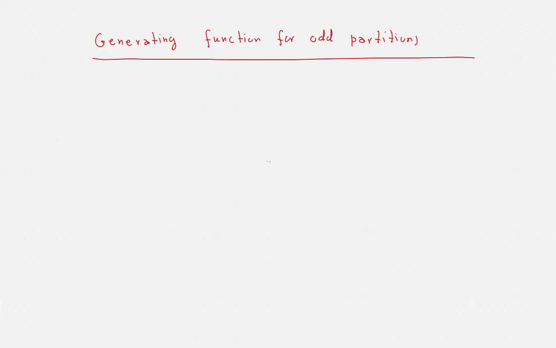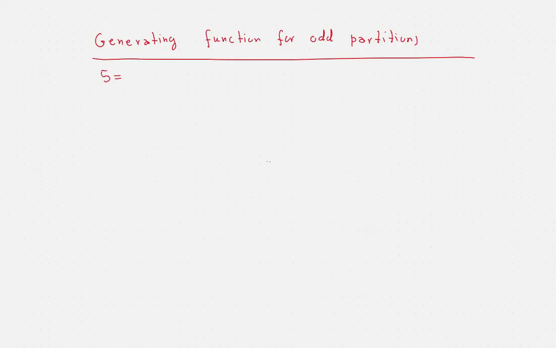So we would like to give the generating function for odd partitions. Basically, let's recall that we call a partition odd if the components of the partition are odd numbers.